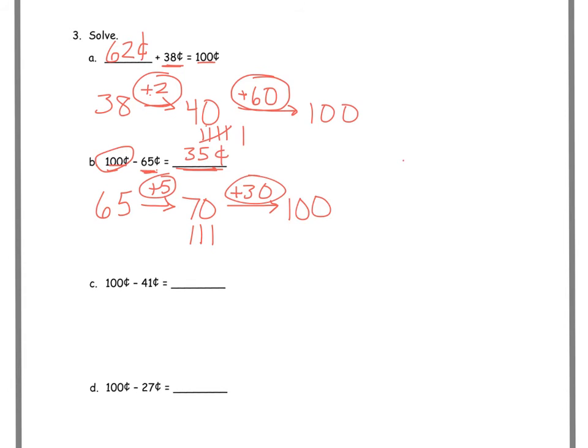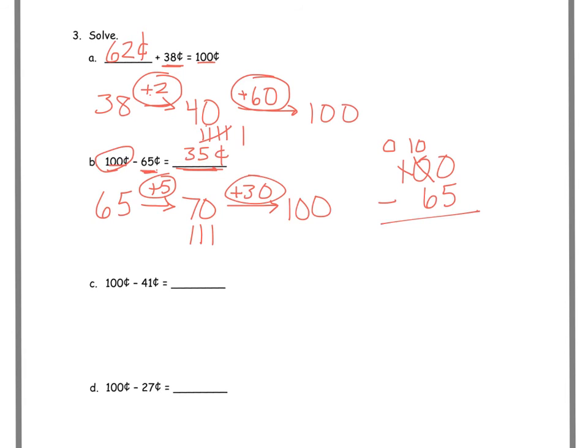Now the same thing can be done if I have 100 and I'm subtracting the 65 from it. I know I can't take 5 from 0, so I look next door, and I can't take any from there. So I've got to go all the way over to the hundreds, and I'm going to borrow that 100, and I'm going to send 1 over here to the 10. So I'm unbundling a 10 there. So the 0 turns to 10.